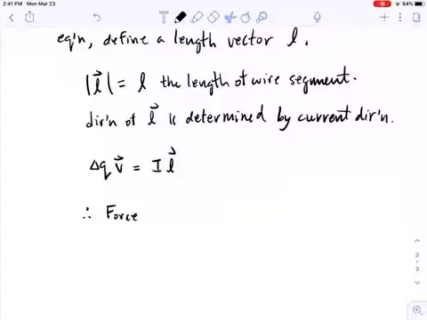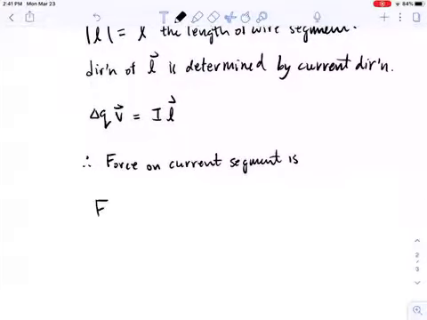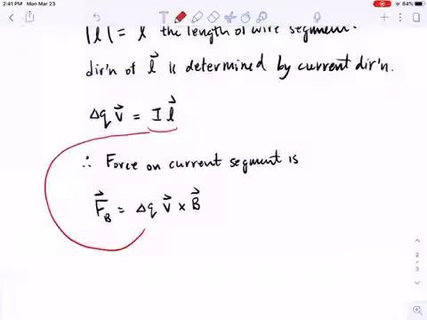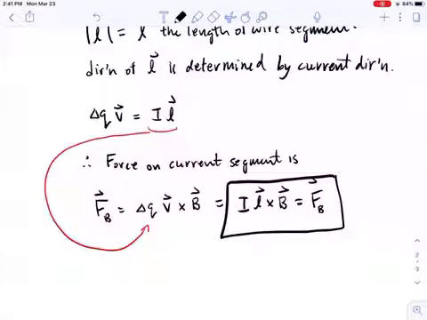Okay, so therefore the force on our current segment, the magnetic force, is the charge, which we've called delta Q in this case, and then it's V cross B, but we're just going to make the substitution QV is I times this vector L. And so what we end up with is I L cross B is the magnetic force on our current in a magnetic field.